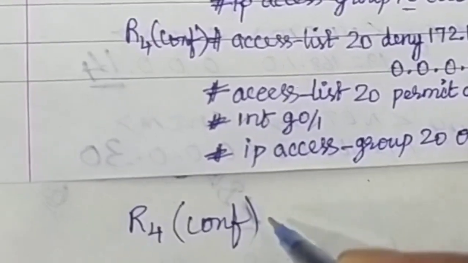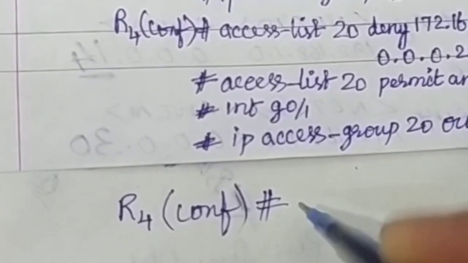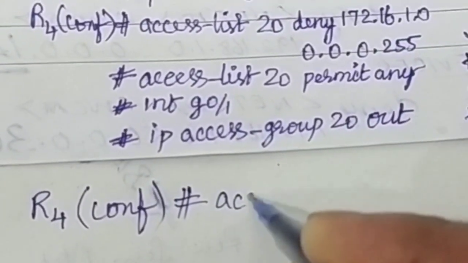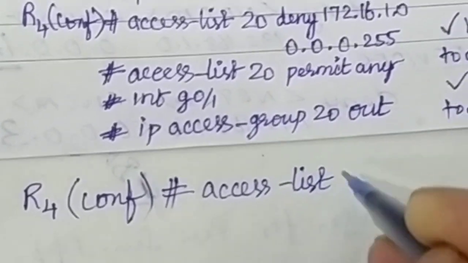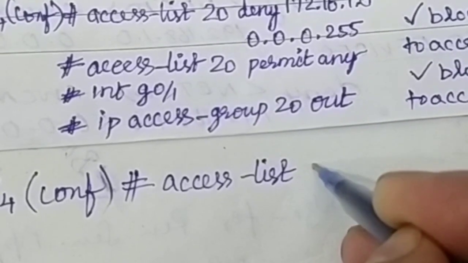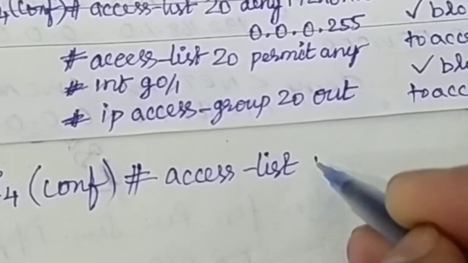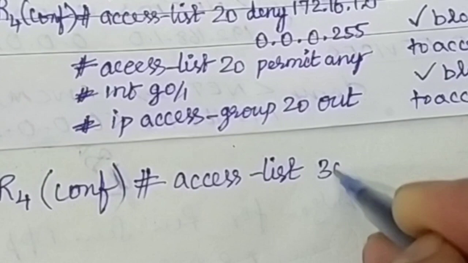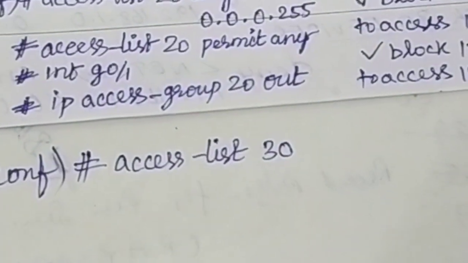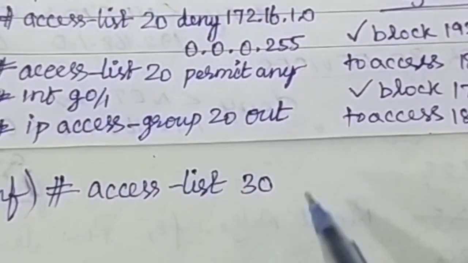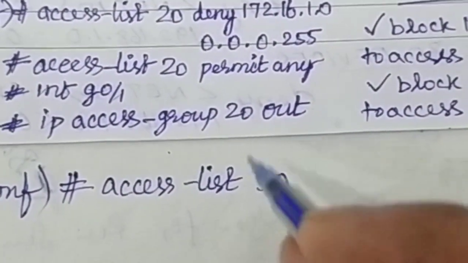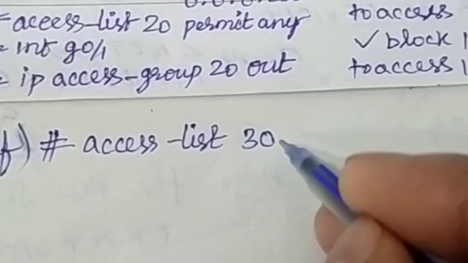On which router am I going to configure? The R4 router, which is close to the destination. So the command is access-list, with some list number; you can give something like 30. Access-list 30, because I used 10 and 20 earlier, so I am giving 30. You can give 10 also if it is not used anywhere else.